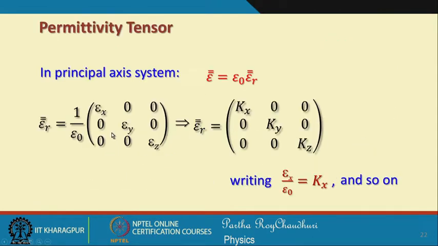Okay. So, now in the principal axis system, epsilon r is equal to 1 by epsilon naught times epsilon x, epsilon y, epsilon z. So, this relative permittivity takes the form of this.